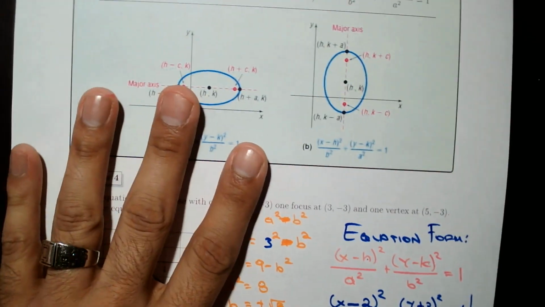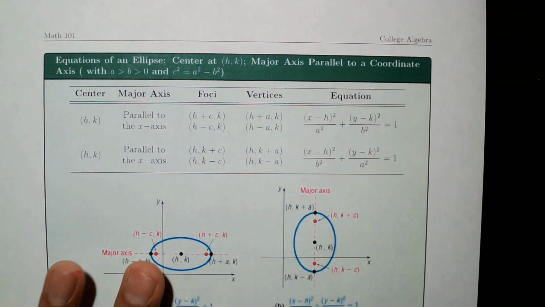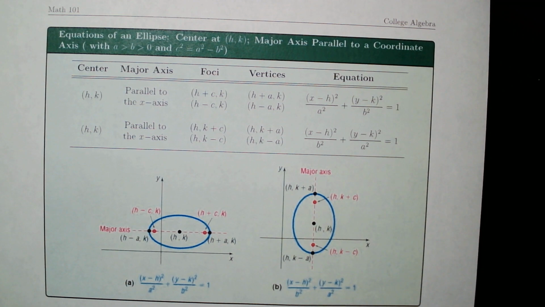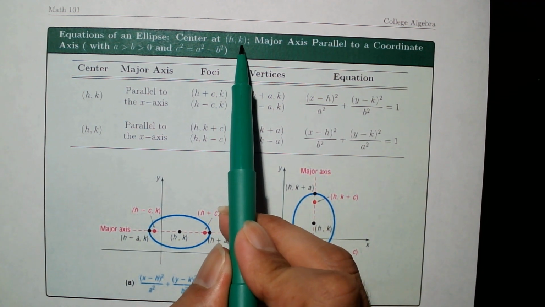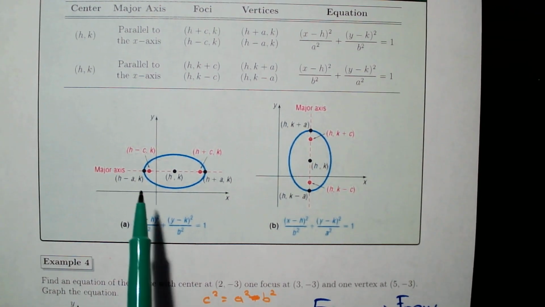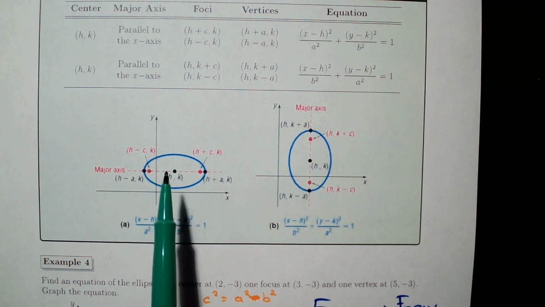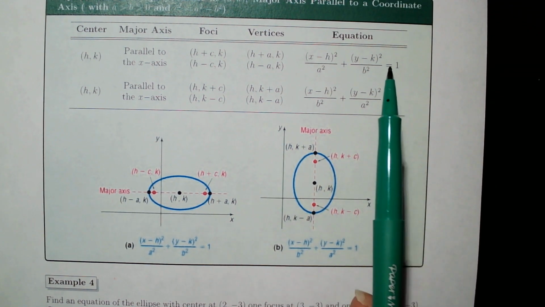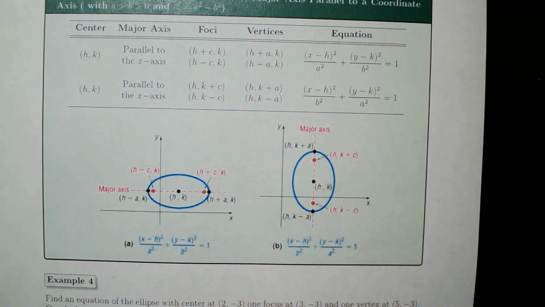So now we are going to look at ellipses that are not centered at the origin, that are centered at (h, k). And in this case, the pictures are going to be like this. The equations are going to be the same equations.